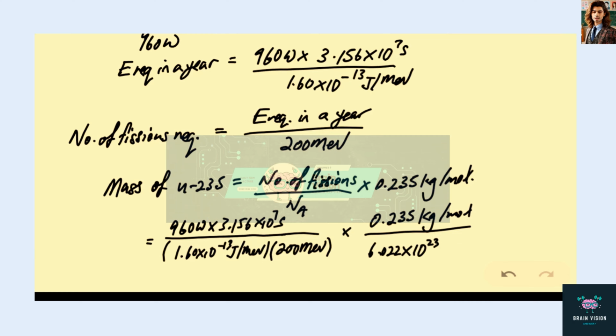Right, and this should be our final expression, which we will just need to evaluate in the calculator, and we should get a value of 0.37 grams, and this will be the mass of uranium-235 that's required.